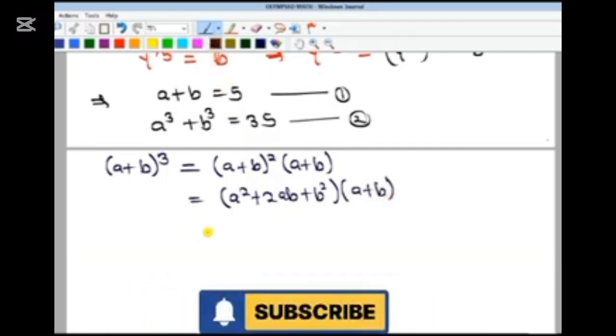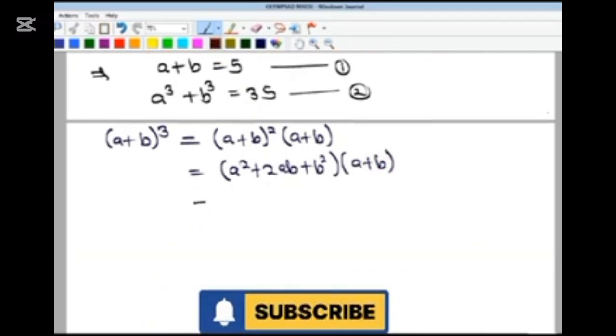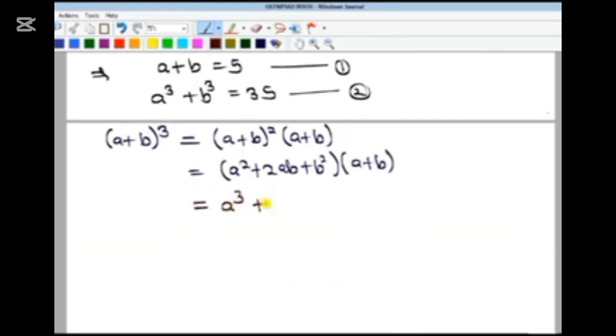If you try to expand this, you are now going to get a cubed plus a squared b. I'm multiplying with this first, so I will use it to multiply these two brackets, and I will also use this one. If I use the second one now, I will have 2a squared b, and it will also multiply b to give me 2ab squared.